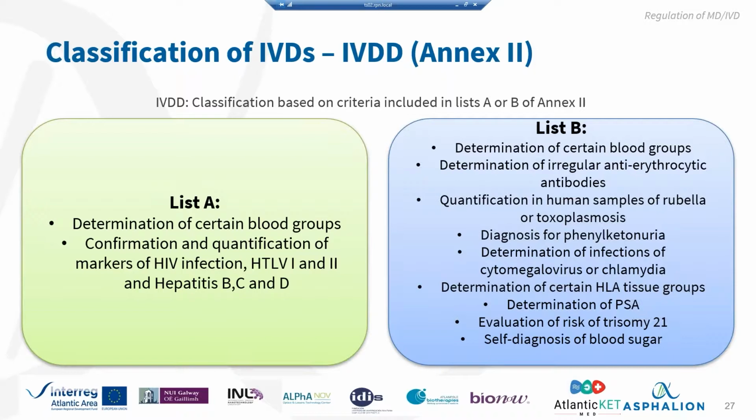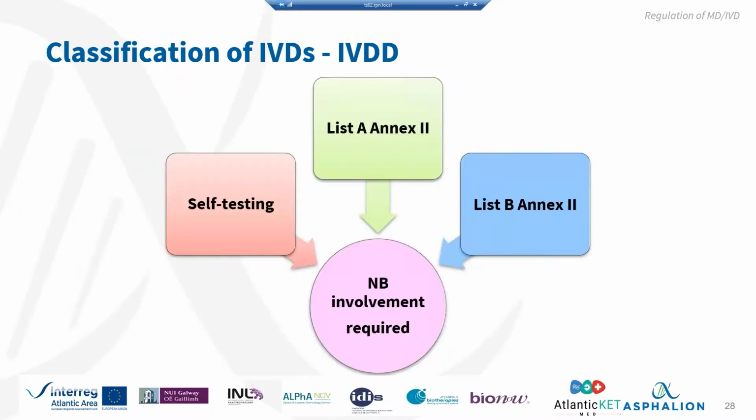On the other hand, list B includes devices for the determination of certain blood groups and determination of irregular anti-erythrocytic antibodies. You can see here the whole list. And if your device was within this list, it would not be considered a class A, but would be up-classified.